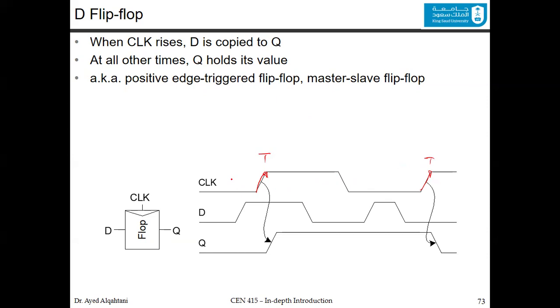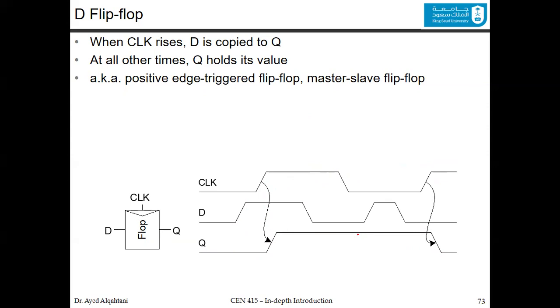Any other time, you are saving. So the output will look at the input only in the edge. In the beginning, it was 0 because it was saving an old value, 0. And at that time, when you have a rising edge, it looks at the input, oh, it's 1, so you change to 1. You never change this value until you have the next rising edge. At the next rising edge, you check the D is low, then you go low in the output.